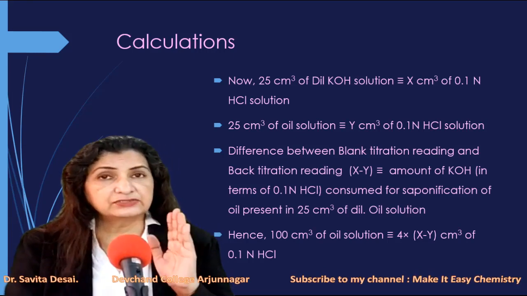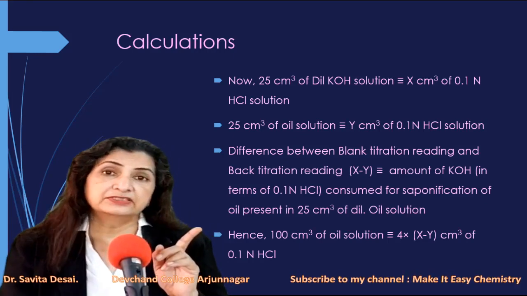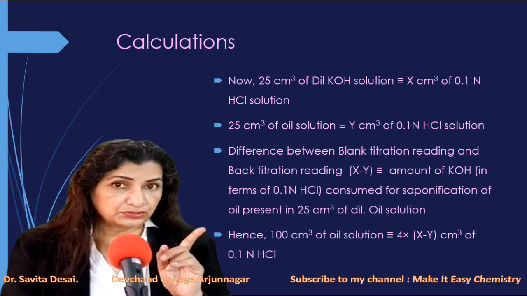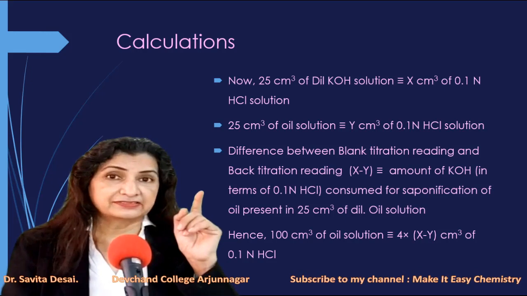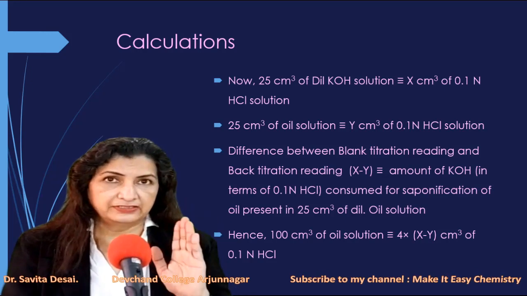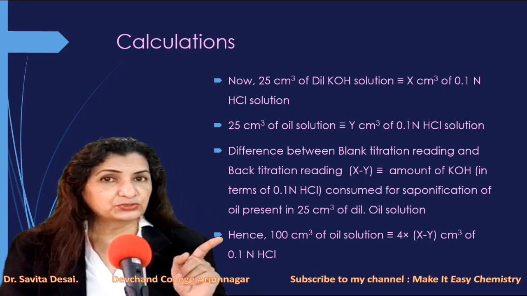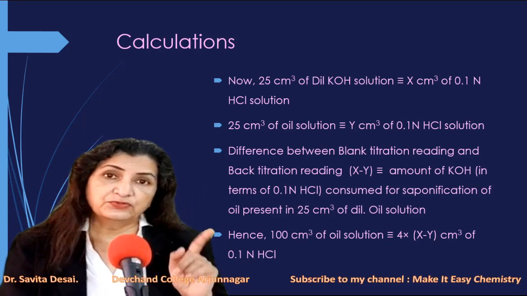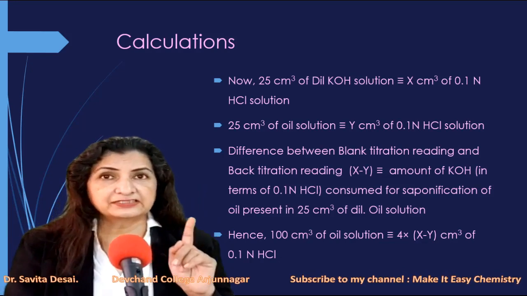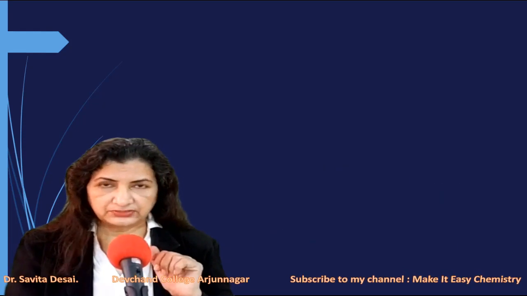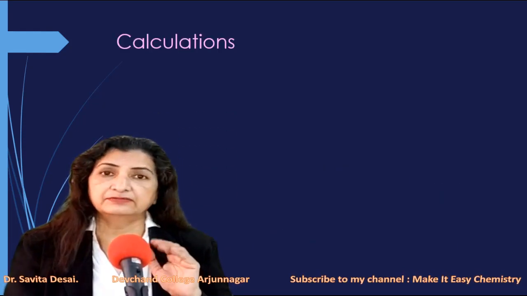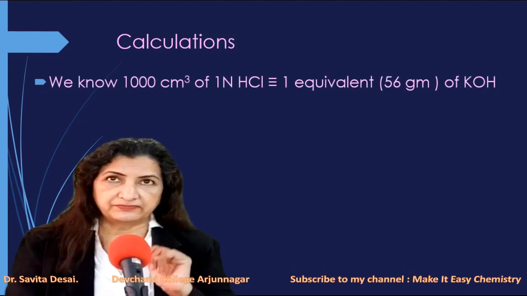That is why 100 cc of the saponified oil solution would require 4 times the difference between X and Y. So 100 cm cube of oil solution corresponds to 4 into X minus Y cm cube of 0.1 normal HCl. This is the information we have received from the observations.